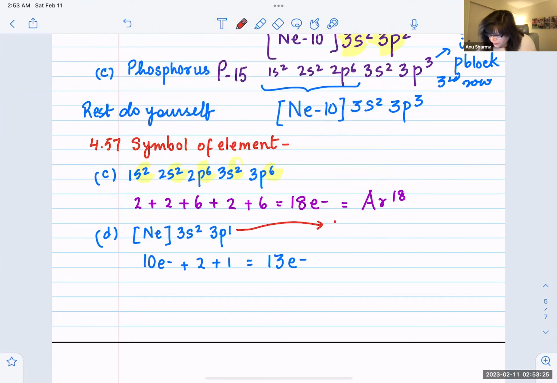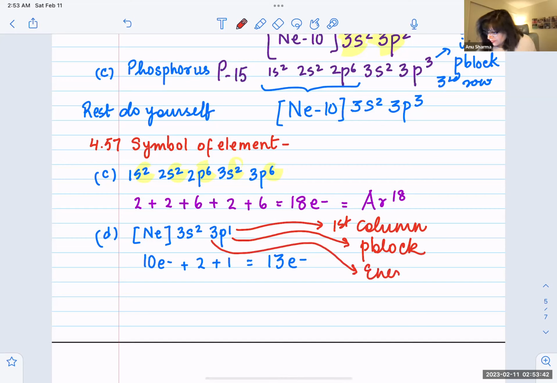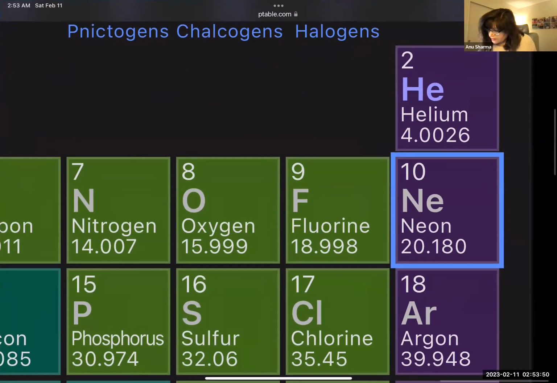And then the next thing is, this also gives us a rough idea: this is the first column in the P block, and that is the third energy level, or third row, or third period. All right, so 3p1. So look here.